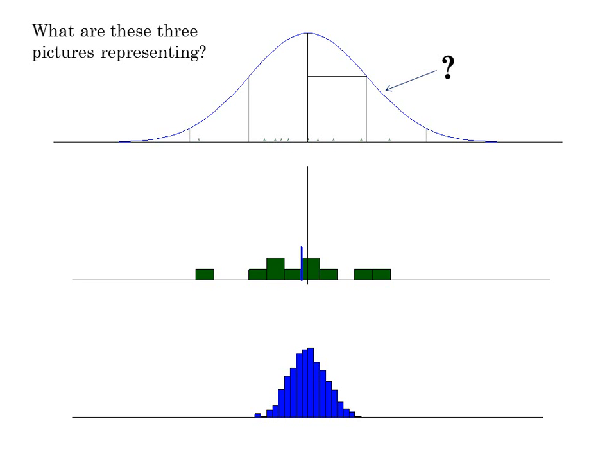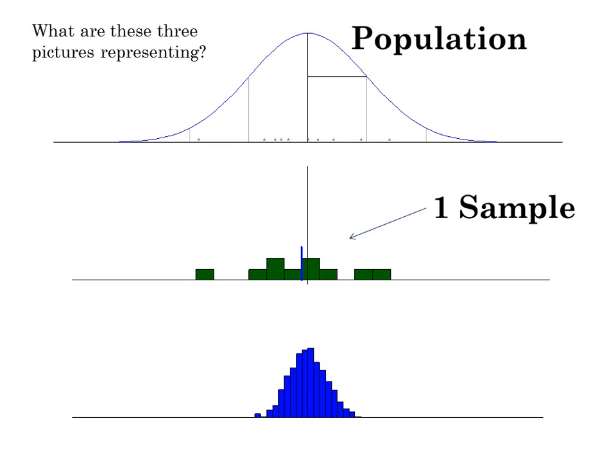Population distribution of the CS score, right? That's the population that we're sampling from. What is this thing? It's a histogram of the data from one sample, right? It's my sample.